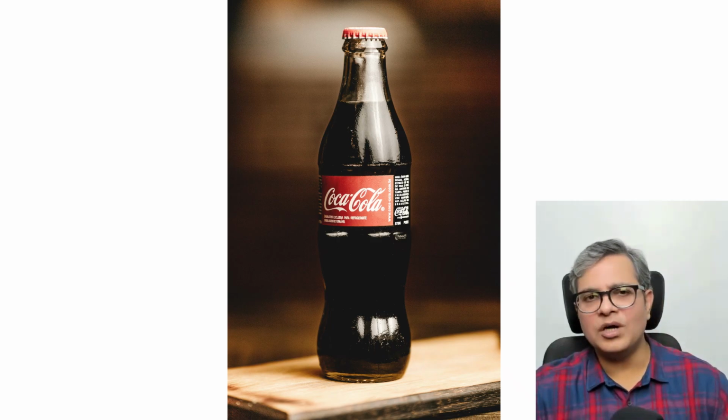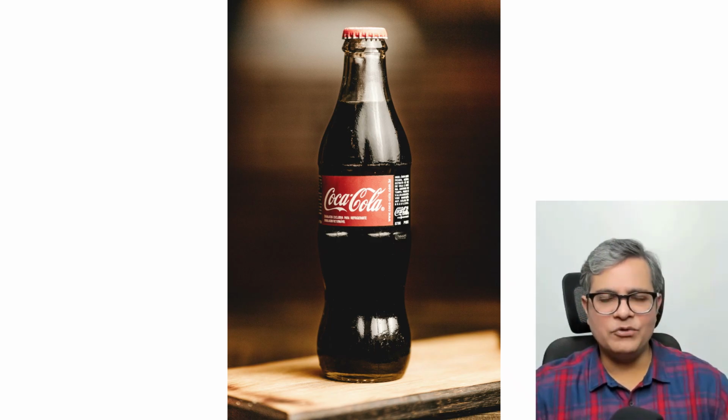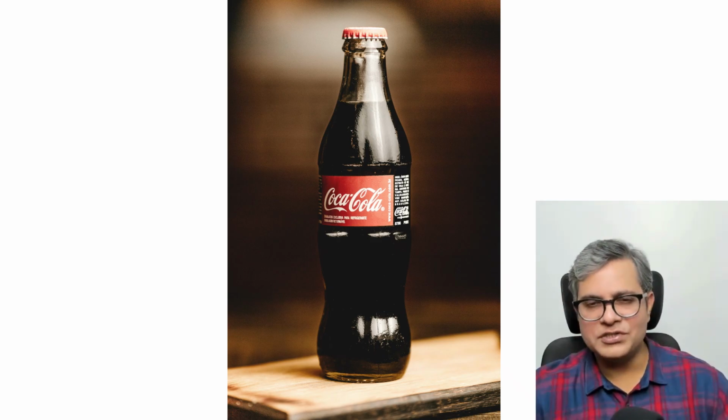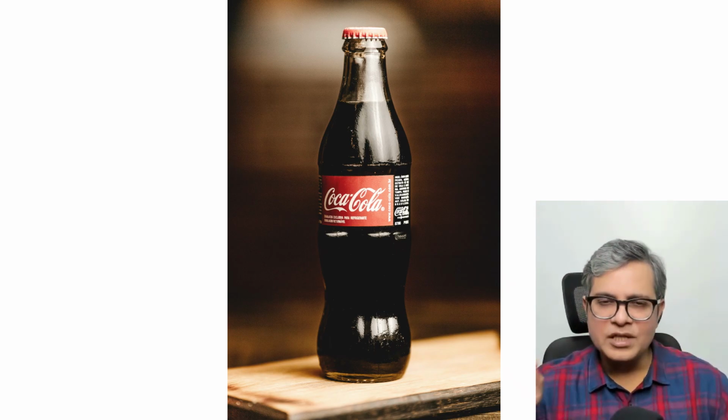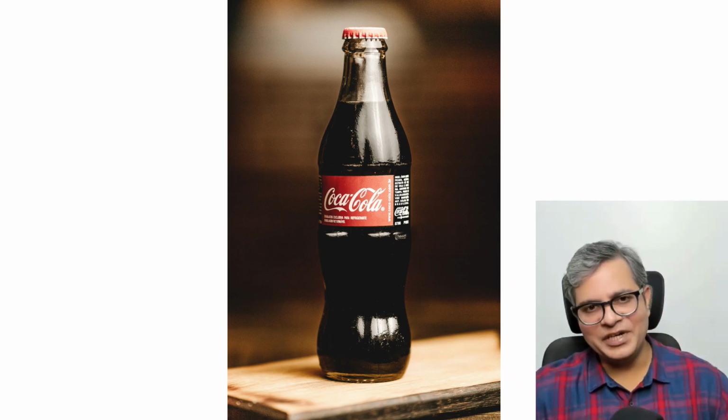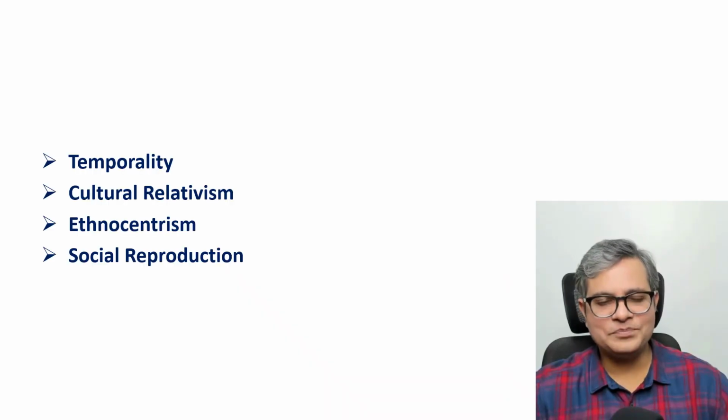You have seen the Coca-Cola bottle and you have also understood that globalization for sociologists is a very important concept. Sociologists would be looking at globalization from several sociological perspectives. So let us now proceed further and see one interesting area from India.